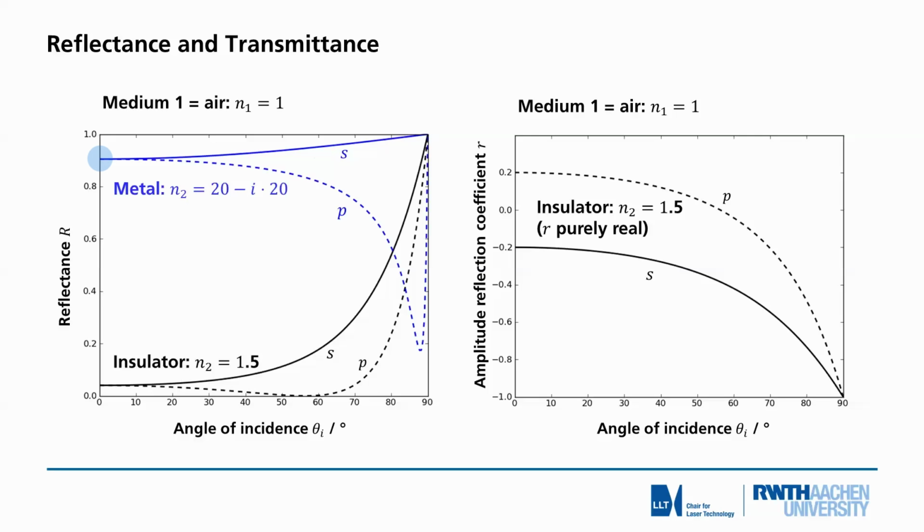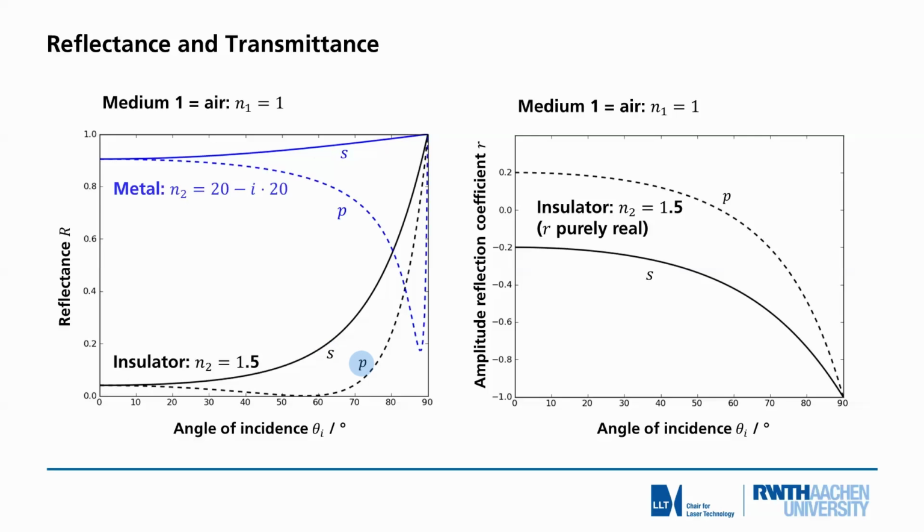As I said, for metals. Now we can discuss an insulator. Think of glass. We usually have for visible light a value of about 4% of reflectance for vertical incidence. That is the value here, 4%. And if you look at the S-polarized light, then of course you see a not very thrilling change, but somehow the curve needs to go up to 1, and that is the behavior of this part.